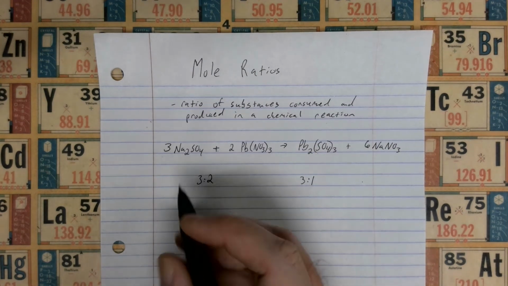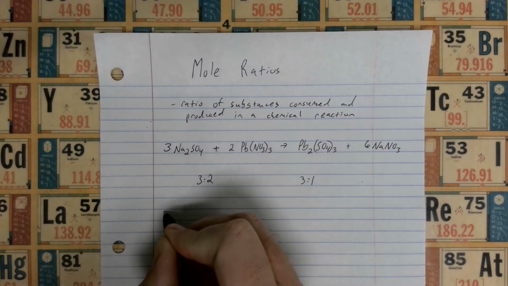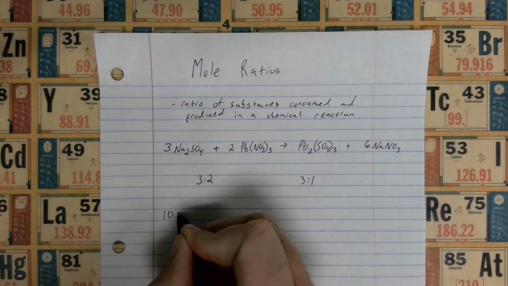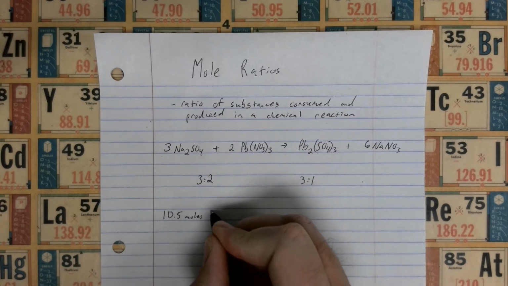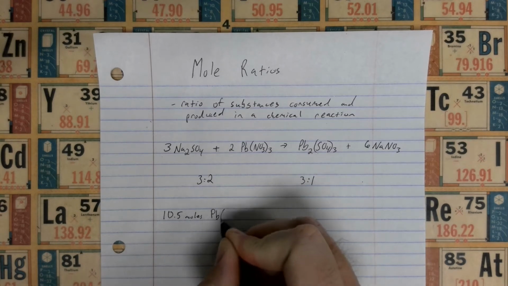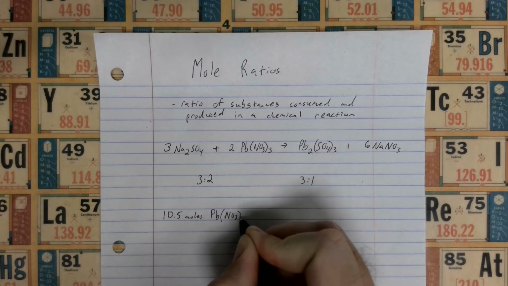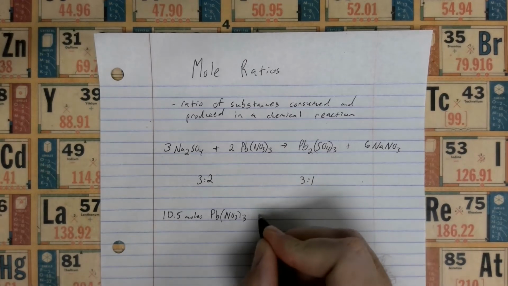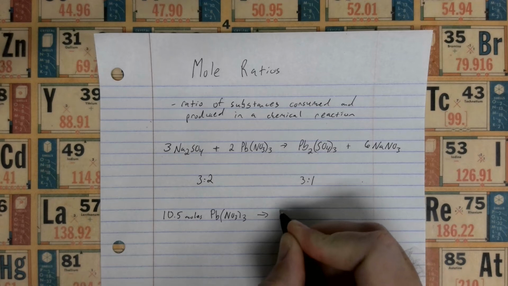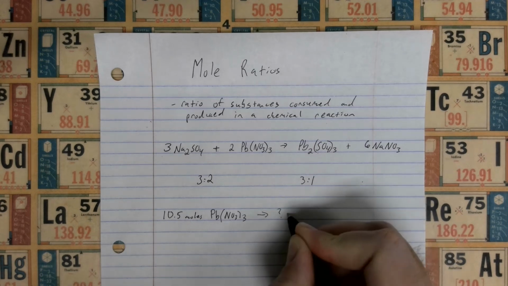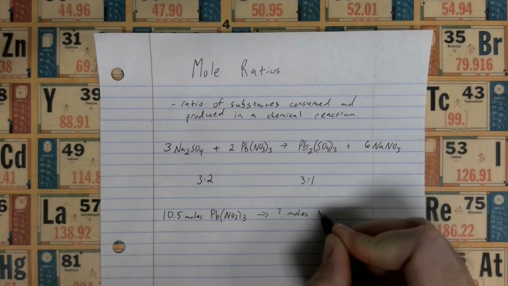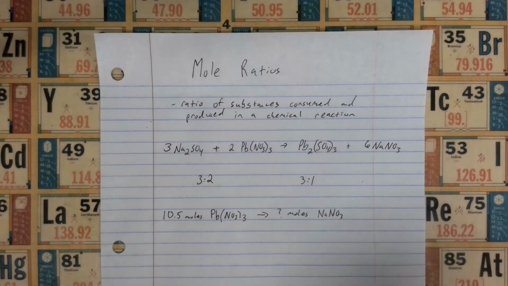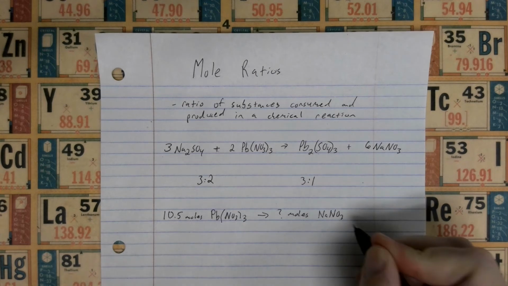So let's say I'm starting with 10.5 moles of lead 3 nitrate, right? And I want to know how many moles of sodium nitrate I can make with that many moles of lead 3 nitrate.